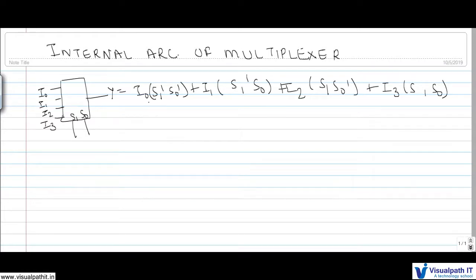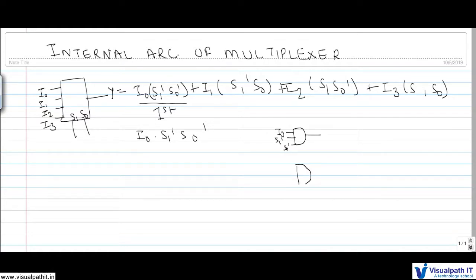If I have to implement the first term, I0 S1 dash S0 dash, I can implement it with an AND gate. It will have three inputs, I0, S1 dash and S0 dash, and it will give the output.